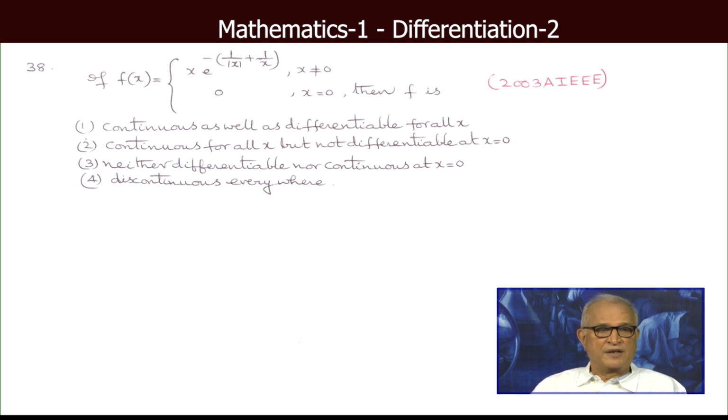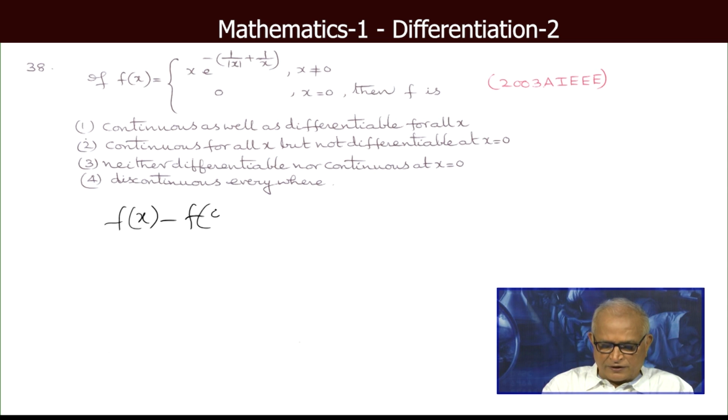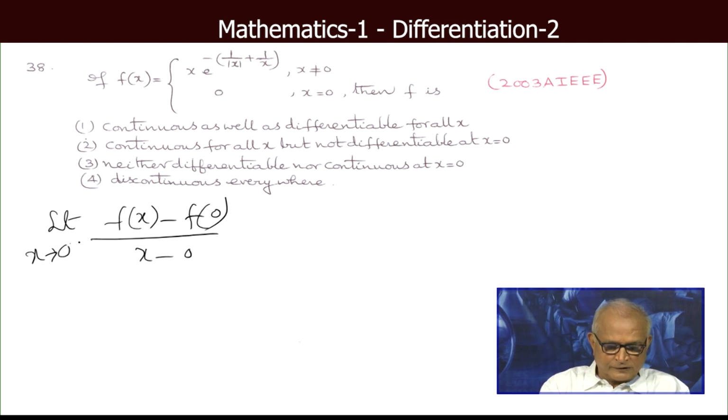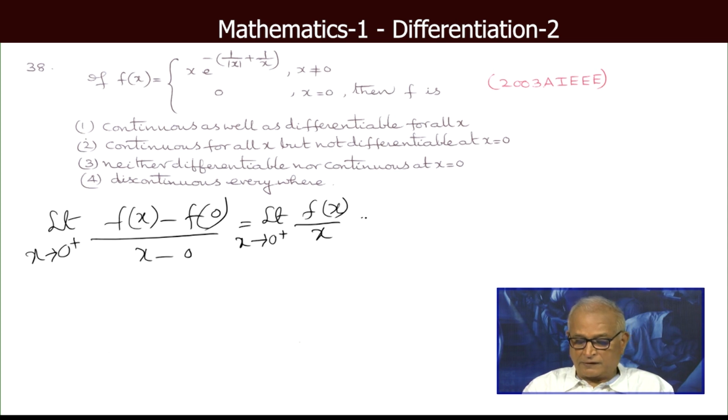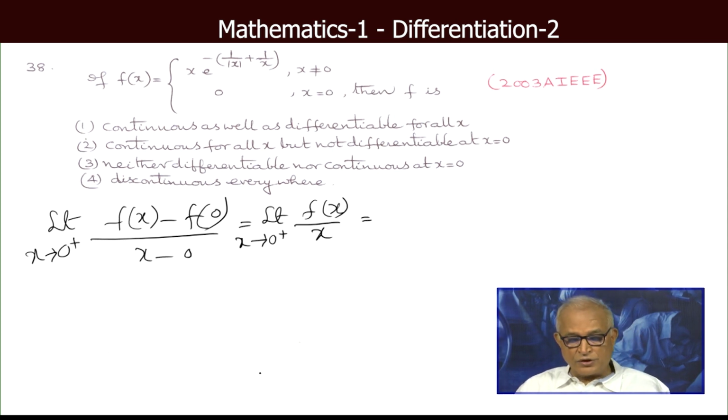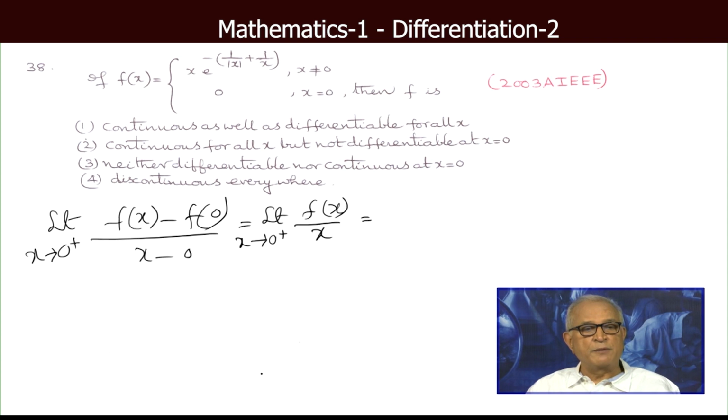That is one advantage. So, here let us form the Newton quotient fx minus f0, we are interested in 0, by x minus 0, limit as x tends to 0 plus. f0 is 0, so limit fx by x as x tends to 0 plus. What is fx by x? When x not equal to 0, fx is defined by x times e power minus of 1 by mod x plus 1 by x. But when x tends to 0 through positive values, mod x is same as x.